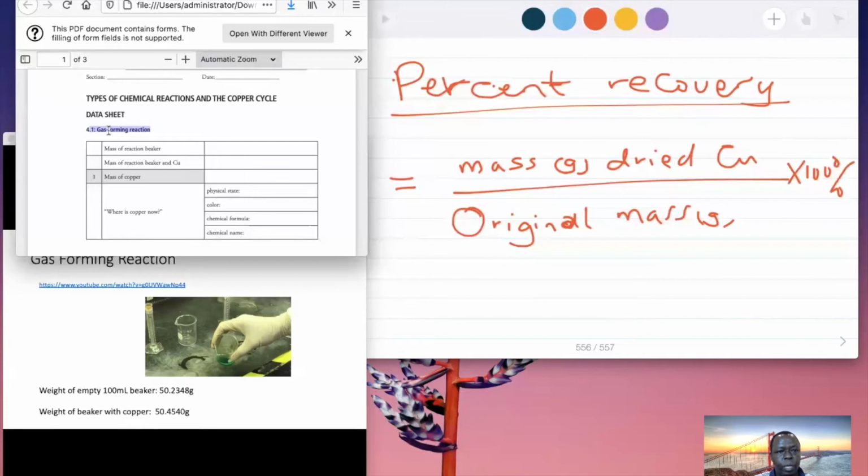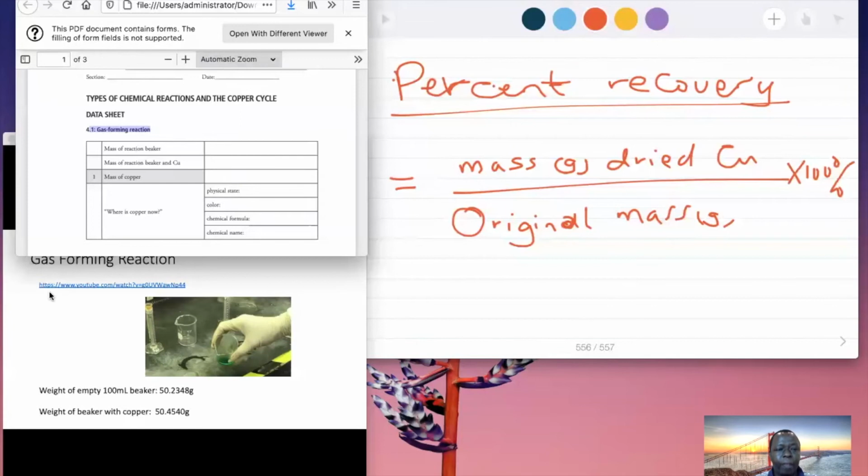In what form is copper? Not before you react, after the reaction. This is where you will indicate the physical state, whether it is aqueous, whether it is solid, whether it is gas, or liquid. By looking at the equation in 4.1 copper forming, you should be able to write the physical state.